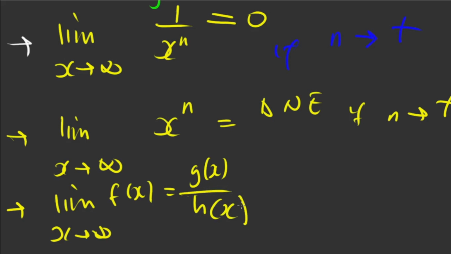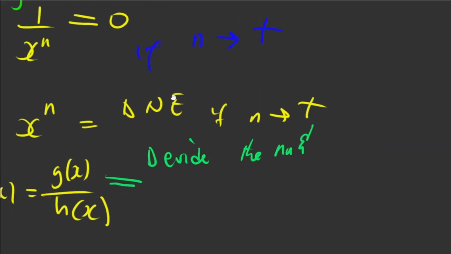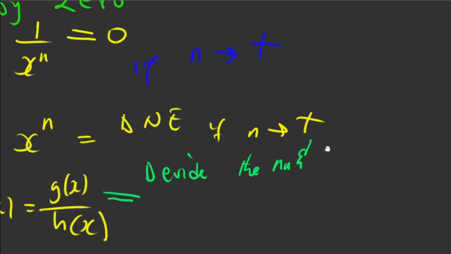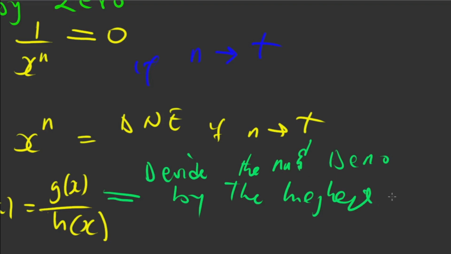So on this one, you divide the numerator and denominator by the highest power or index of x.